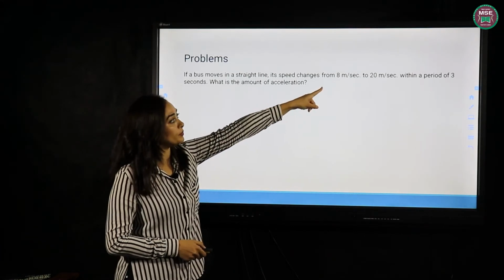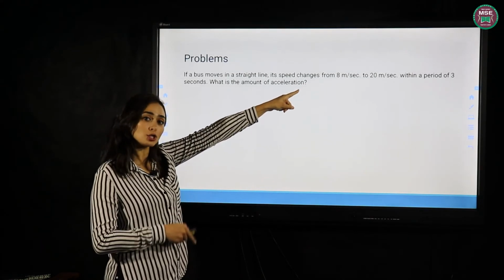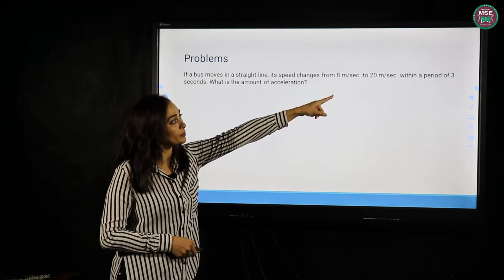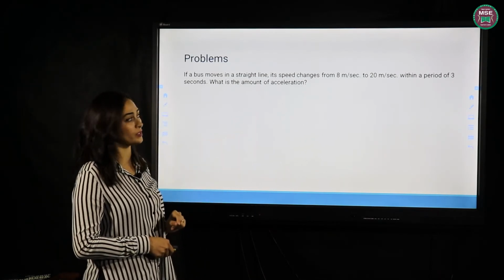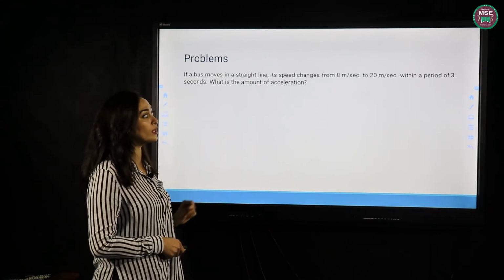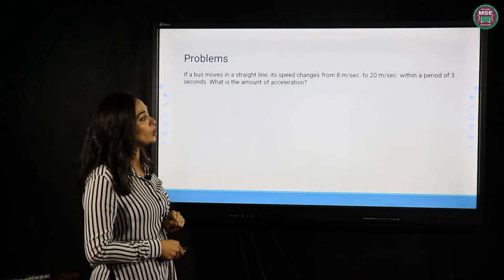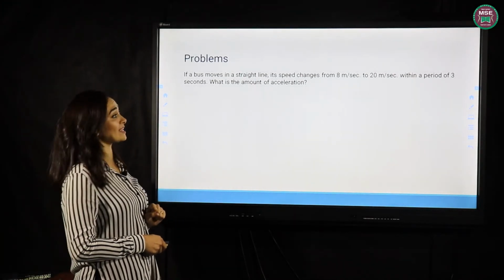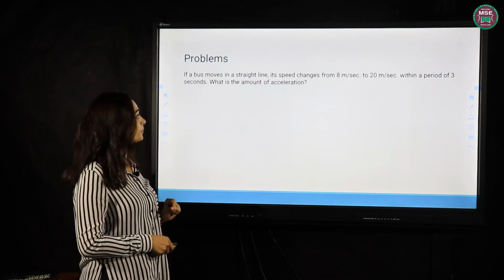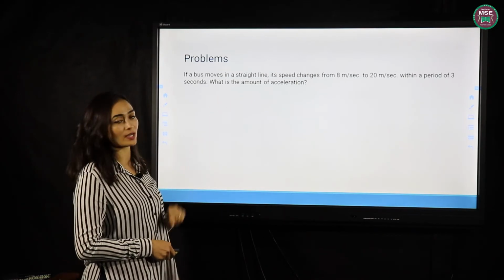Yes, 8 meters per second is the initial speed, while 20 meters per second is the final speed. So 8 is V1 and 20 is V2. Within a period of 3 seconds, this is time. What is the amount of acceleration?